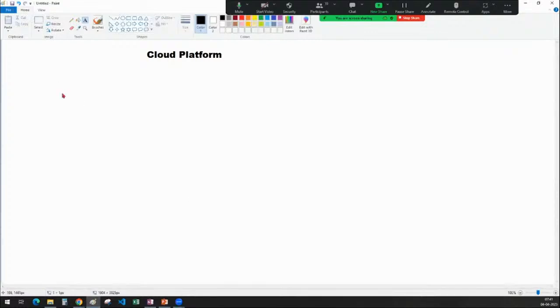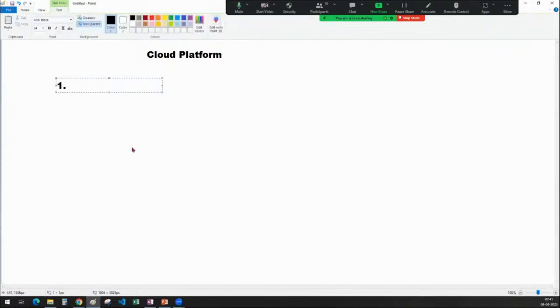One is virtual machine, second one is managed instance, and third one is serverless.